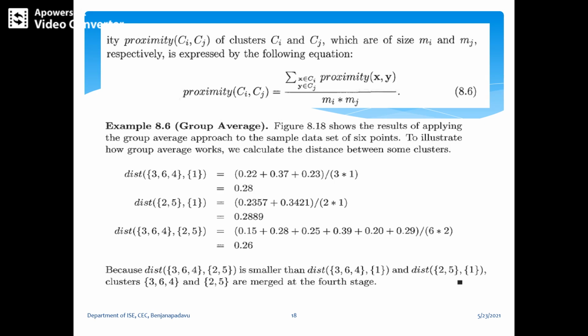Similarly, the next point is the distance between 3, 6, 4 and 2, 5.